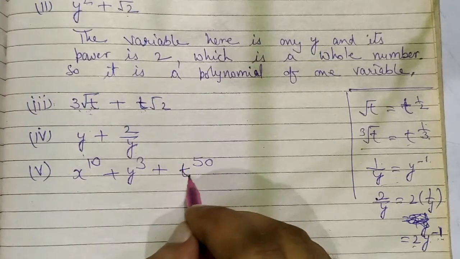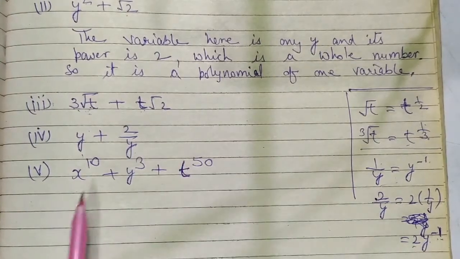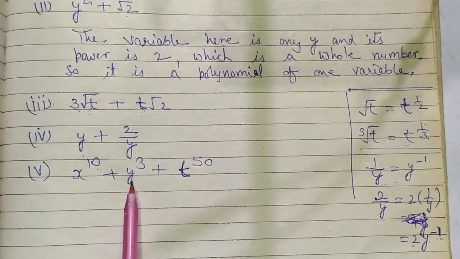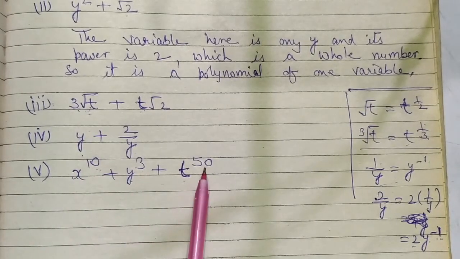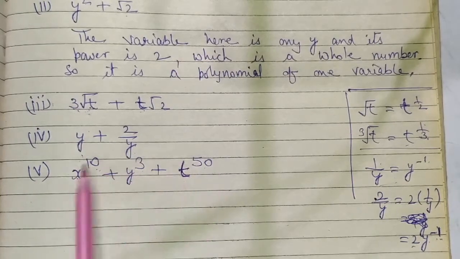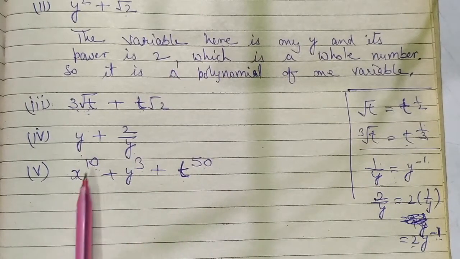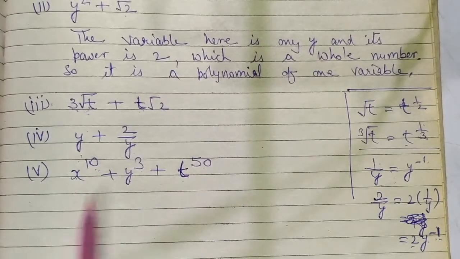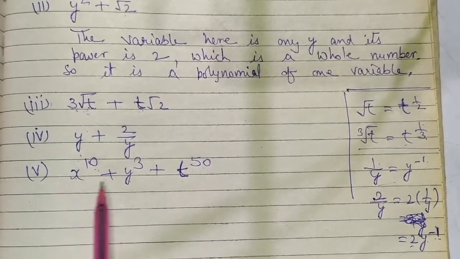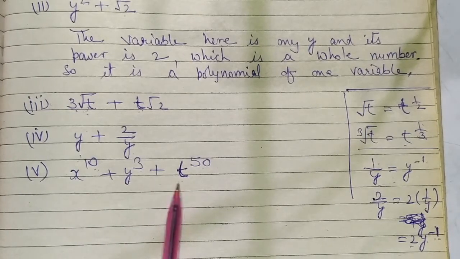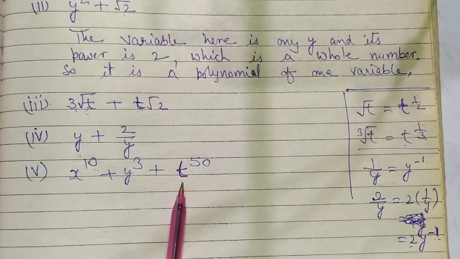Okay, and the power of x is 10, the power of y is 3, the power of t is 50. So all these three powers are whole numbers, so it is a polynomial because the powers are whole numbers. It is a polynomial, but there are three variables, so it is not a polynomial of one variable, it's a polynomial of three variables.